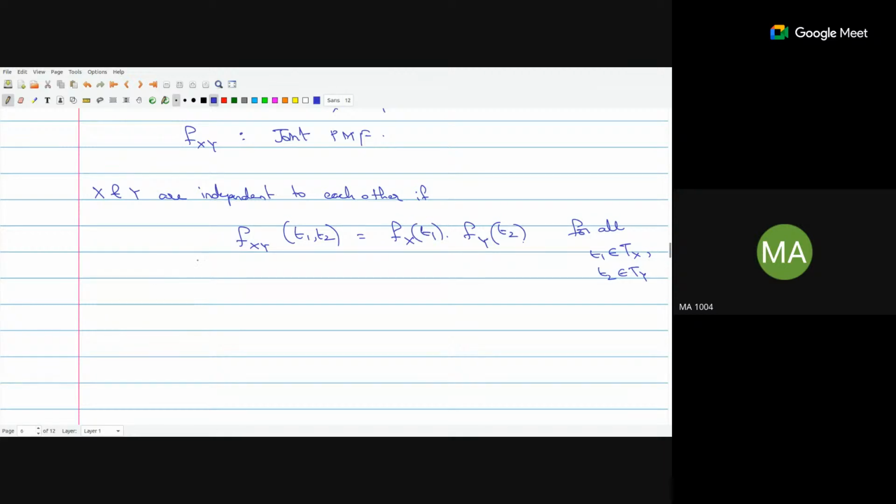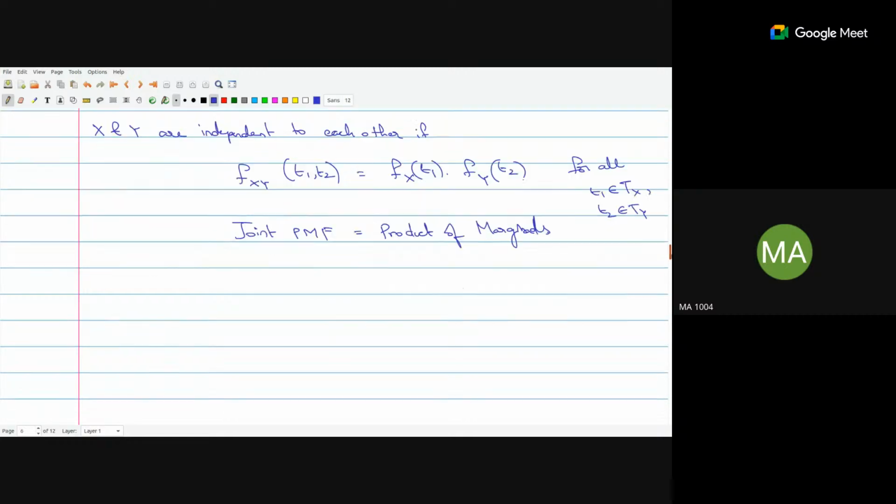So this basically says that the joint PMF can be written as a product of marginals.